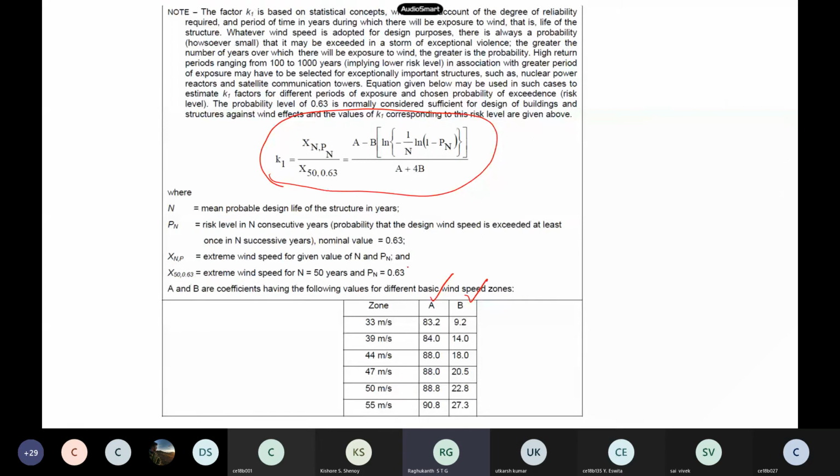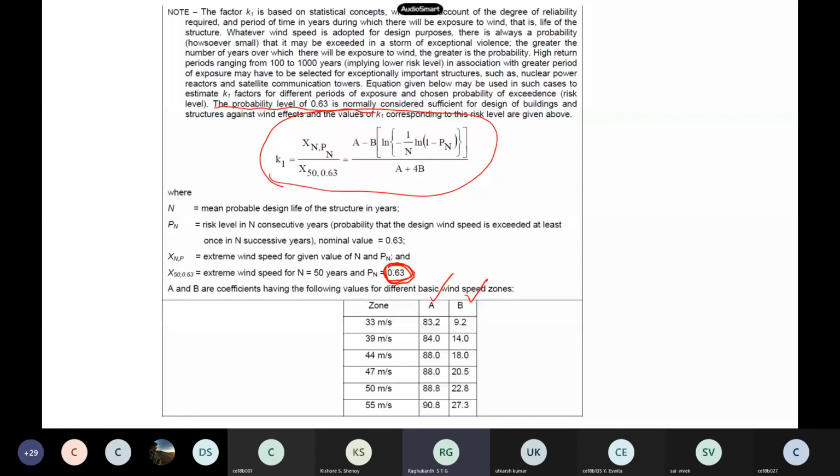And here the most important thing is how this 0.63 comes. What is the basis? Just now I showed you the calculations, 63.5 or something. What is this 0.63? It is the risk probability percentage, in how many years?